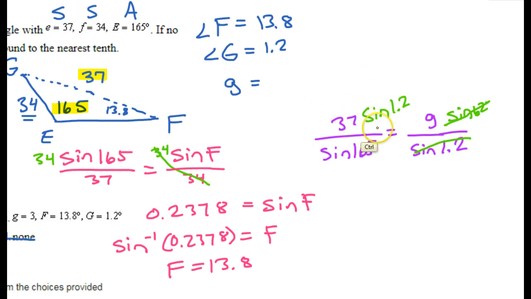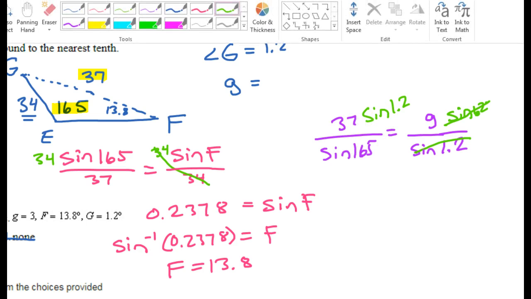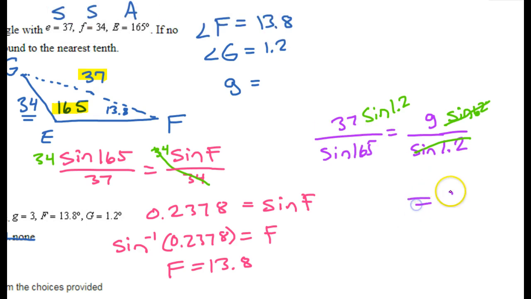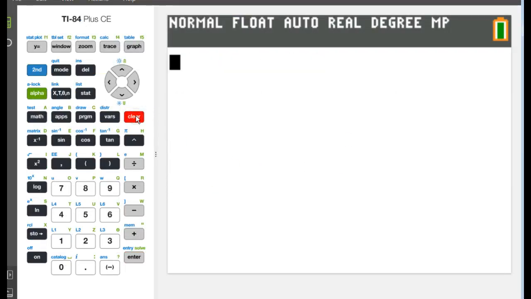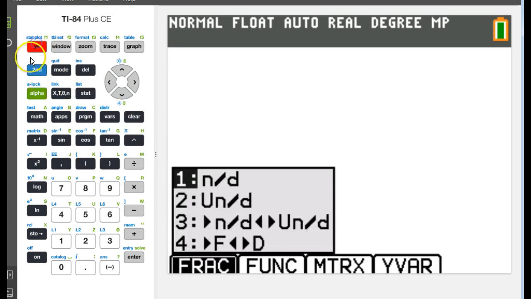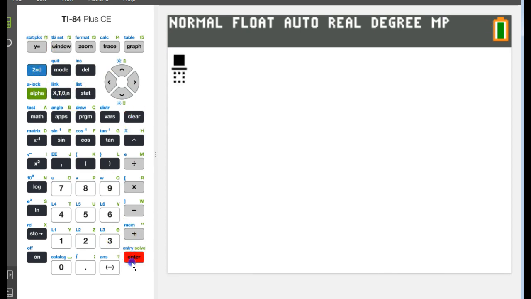So all I have to do is put this in my calculator, and that will give me side G. So 37 sine 1.2. Oh yeah, I need to make my fractions again. Normally I make a fraction by going alpha y equals, enter.